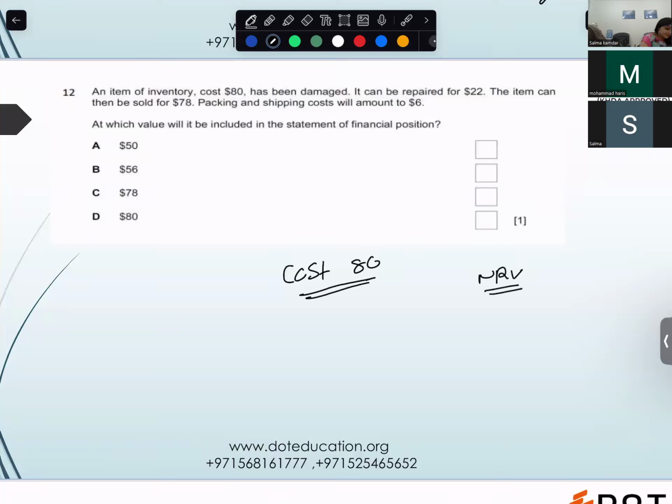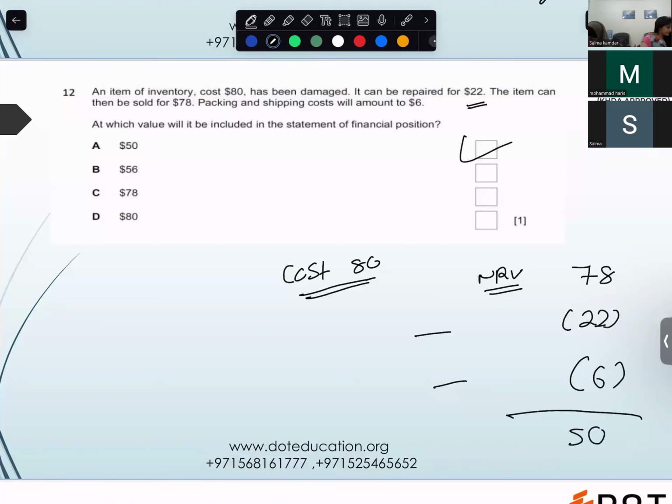NRV is, it can be sold for 78, minus 22 for repair and minus 6 for packing and shipping cost. So it is 78 minus 22 minus 6. So 50. Yeah. Miss, can you explain this one?